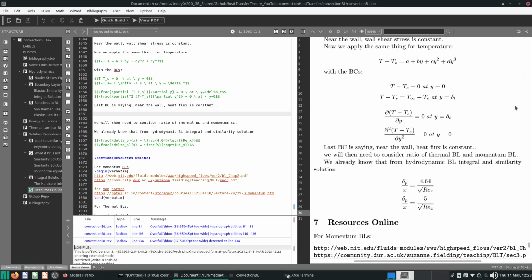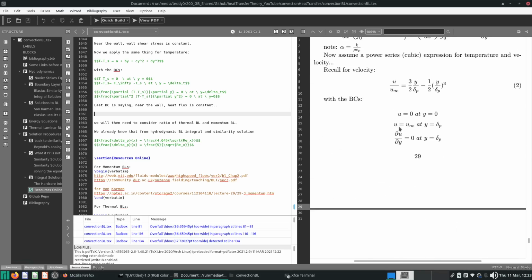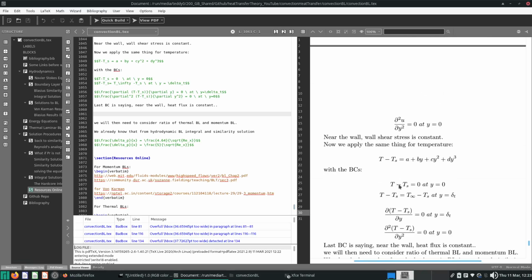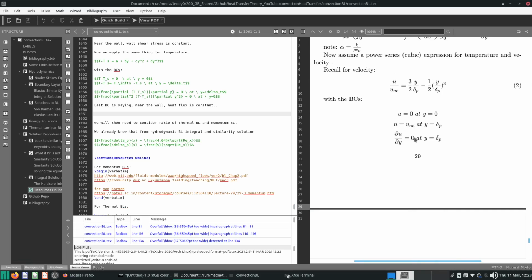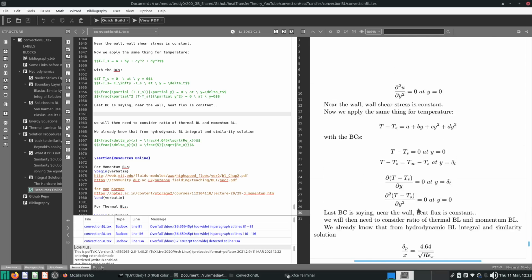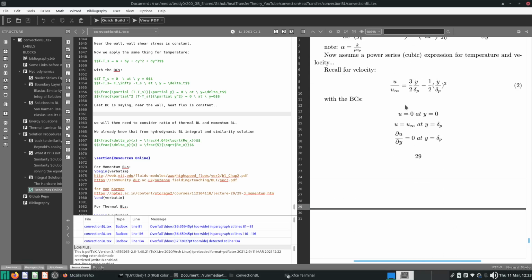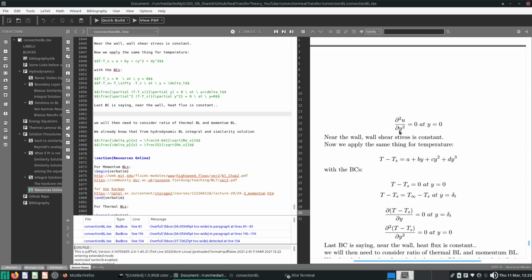Okay, so if you notice, if we replace u by t minus ts here, and of course u infinity by t infinity minus ts, and delta p by this delta t thermal boundary layer, we find that these boundary conditions actually apply to this cubic form of equation in the same way that if we were to assume u equals a plus by plus cy squared plus dy cubed.